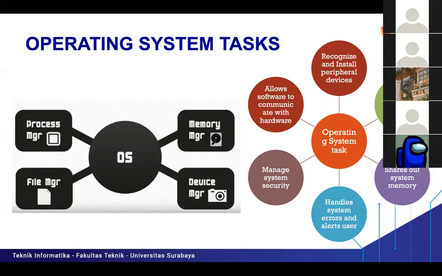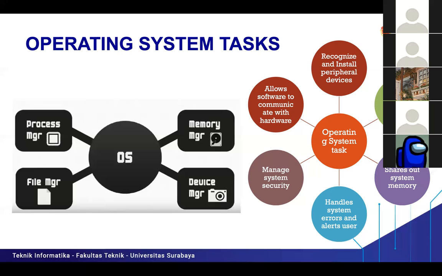If your computer doesn't have the operating system, you cannot use your hardware, because one of the tasks of the operating system is device management. You use the keyboard, you use the mouse, all of them can be used when you have the operating system. And there are memory management, process management, and file management.